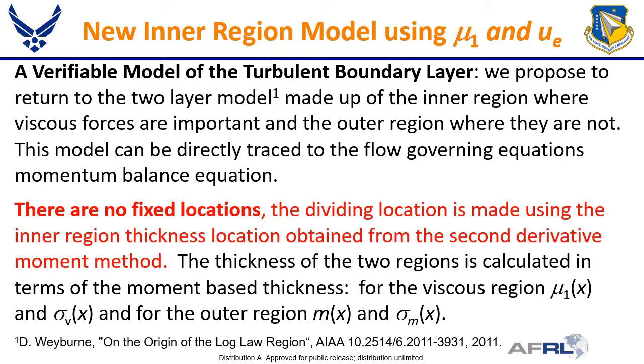These thickness values are calculated using the integral moment-based thicknesses. For the viscous region, mu sub 1 and sigma sub v, and for the outer region, m and sigma sub m. These thicknesses are extracted directly from the boundary layer velocity profile.